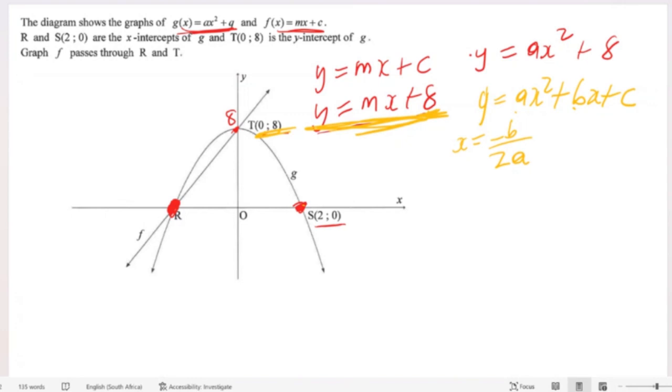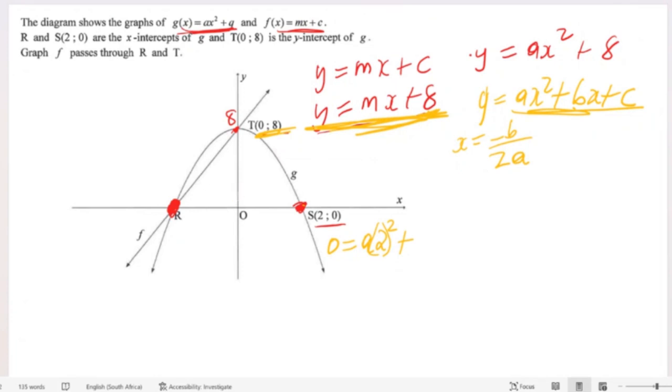Using the x-intercept, y is equal to 0, which is equal to a times 2 squared plus 8.